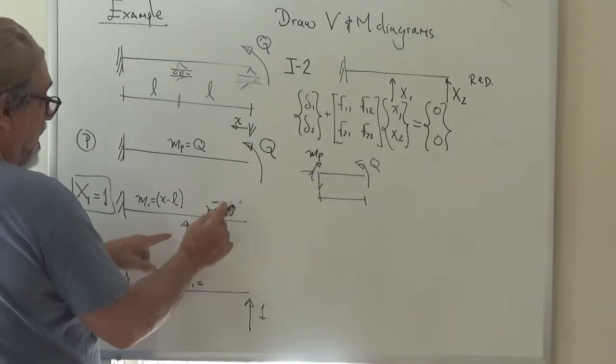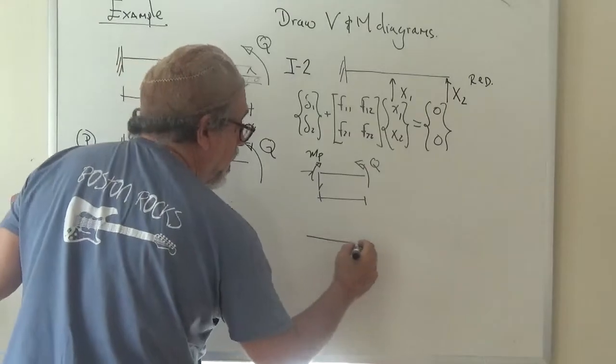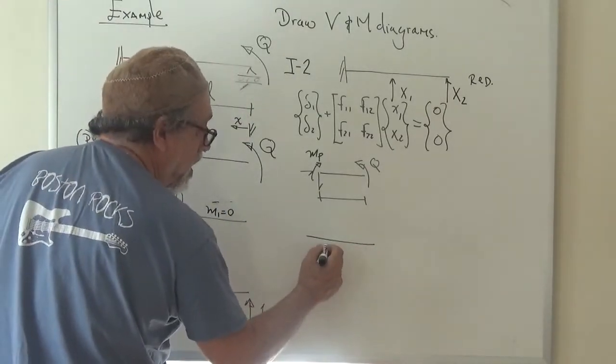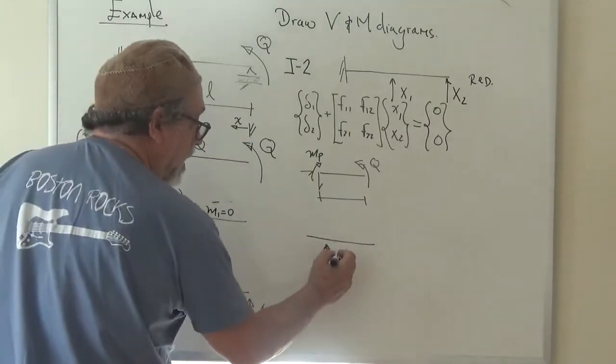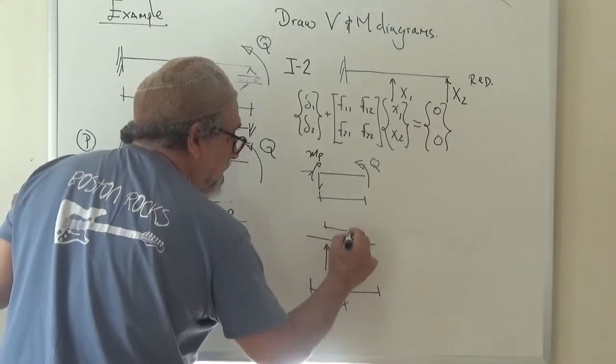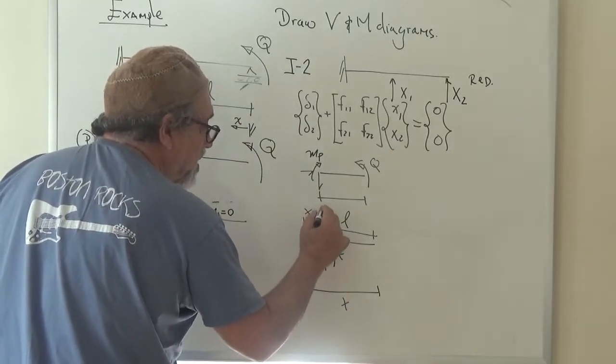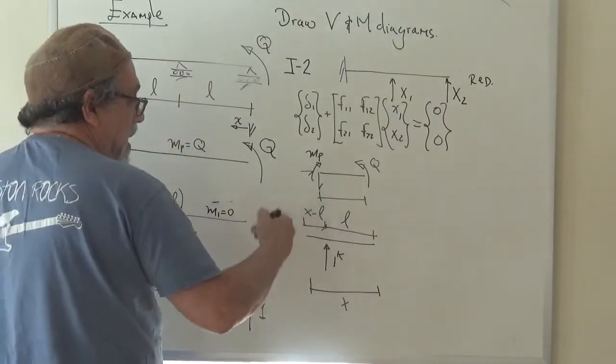So I'm looking at this. The answer is going to be okay, but if I take the cut, what I meant is I have a 1 here like that, right? My distance x is this. My distance L is this. From here to here is x minus L. And that's against the clock.